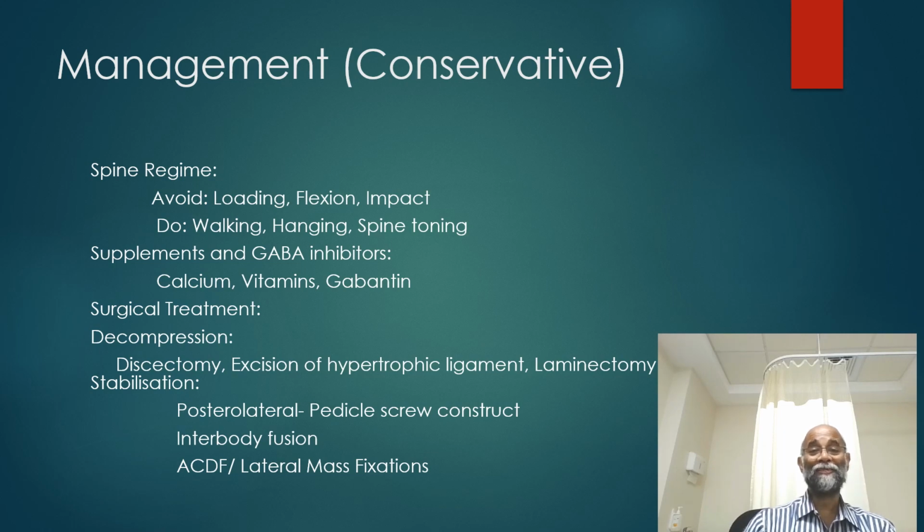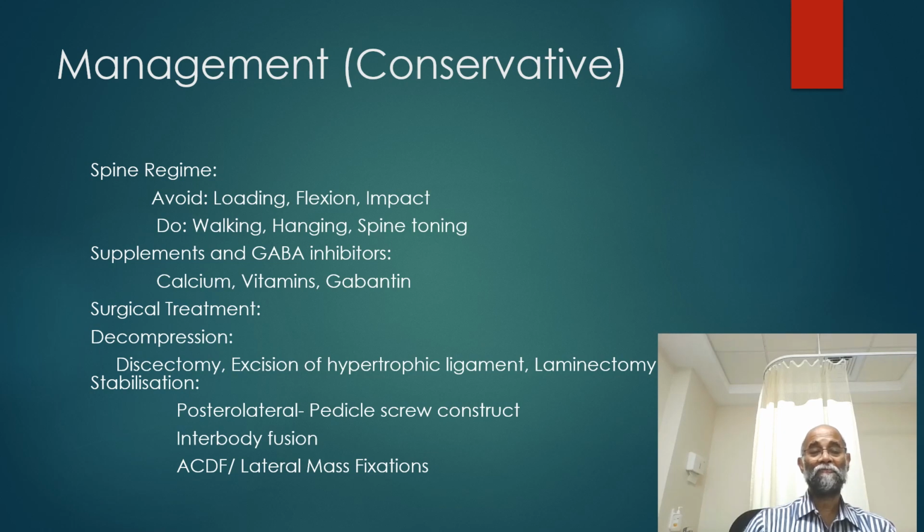Spine toning exercises are recommended because improving the tone of paraspinal muscles provides additional support to the vertebral column. Calcium supplements and vitamins are often given, and GABA inhibitors like gabapentin or pregabalin may be used to relieve nerve pain.